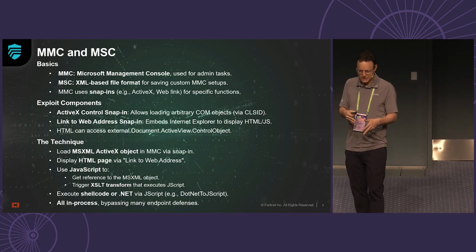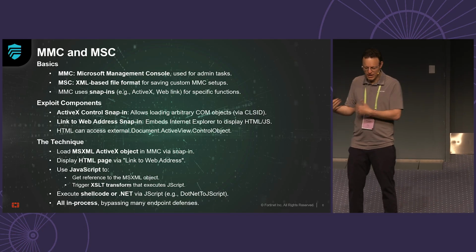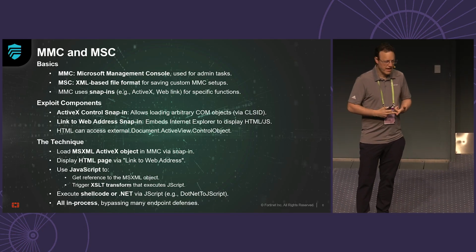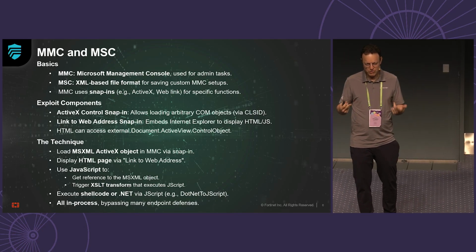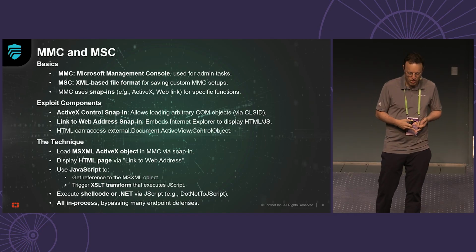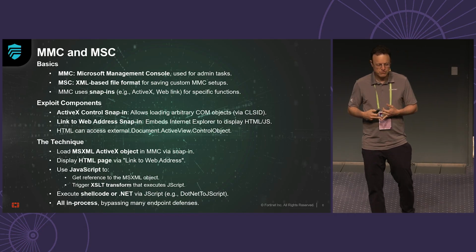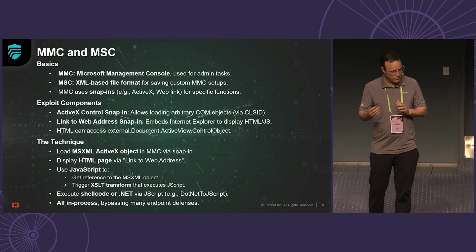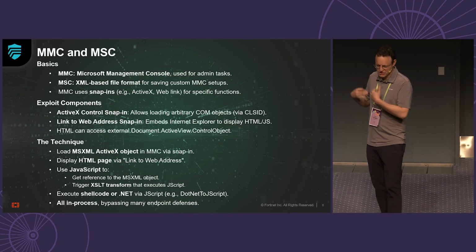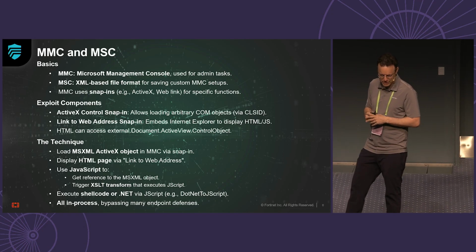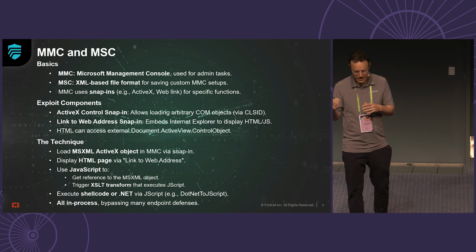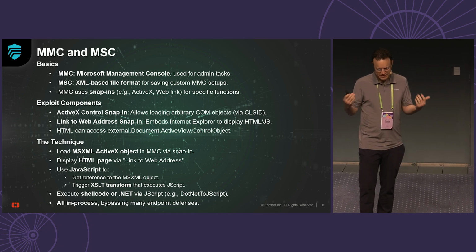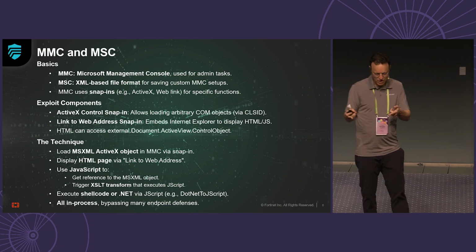The exploitable components that were found were the ActiveX Control snap-in, which allows arbitrary loading of COM modules, and the Link to Web Address snap-in, which exploits the ability to open up browsers and display HTML and JavaScript pages. And HTML can access the external document ActiveView class object, right?